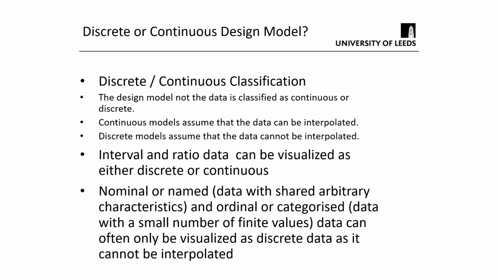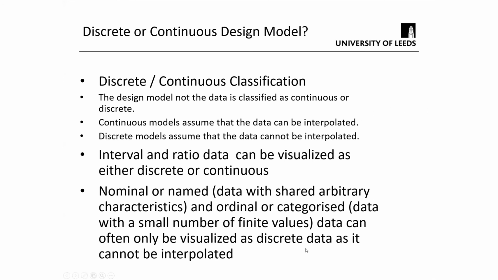So interval and ratio can be visualized as either discrete or continuous. So there are certain types of data that can, but nominal or named data, which is what I was trying to say with the name of the color, is definitely just one.